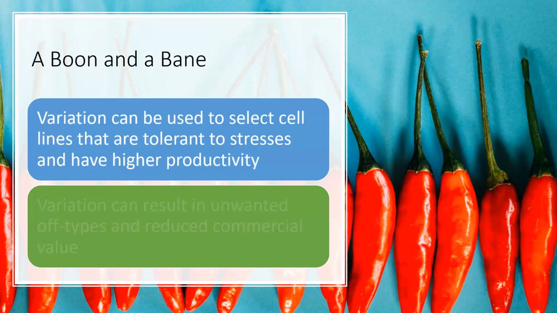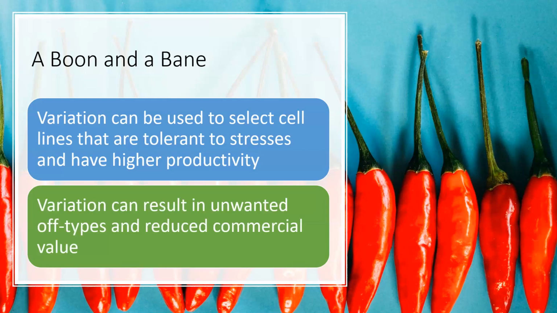On one hand, somaclonal variation can produce desirable genotypes as novel cell lines or plants of agronomic and commercial advantages. On the other hand, when the objective is clonal multiplication of valuable true-to-type elite clones, this variation can result in unwanted off-types that reduce the commercial value of the propagules.